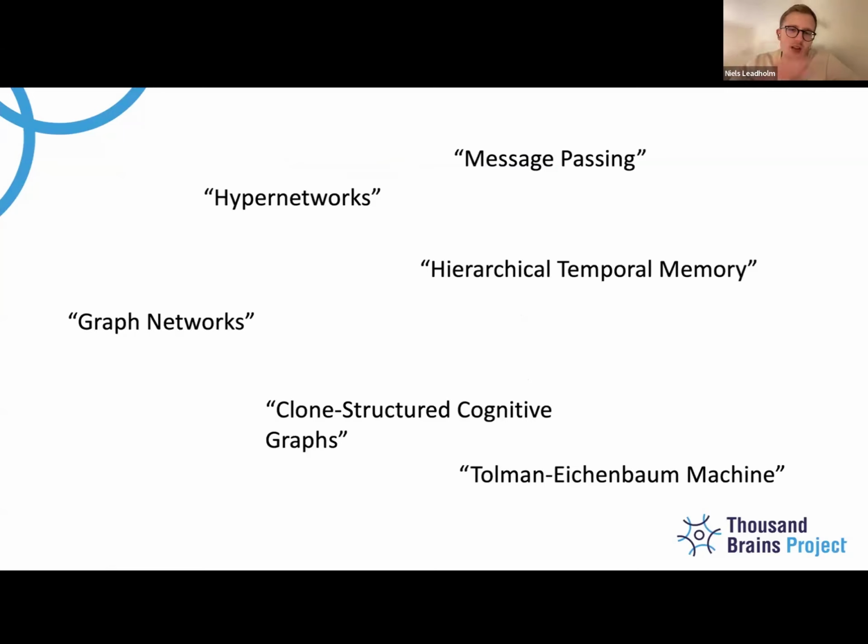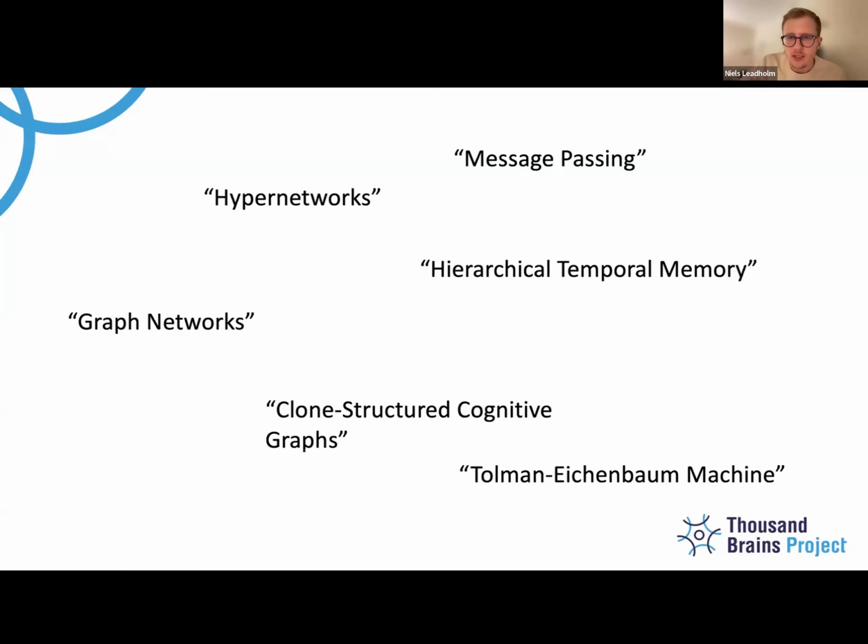One other related goal is that there's lots of interesting work out there on how you represent structures, everything from graph networks to hierarchical temporal memory for sequences. You don't need to have come across all these terms, but at least I found it confusing how these all relate to each other.